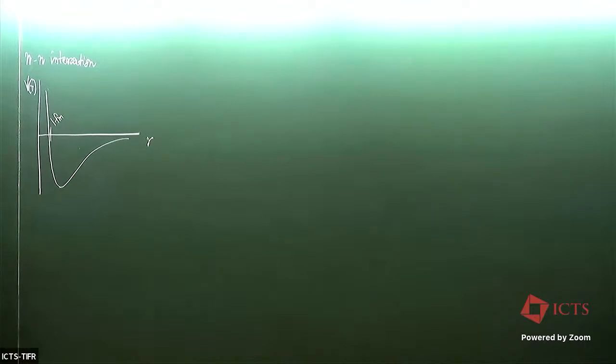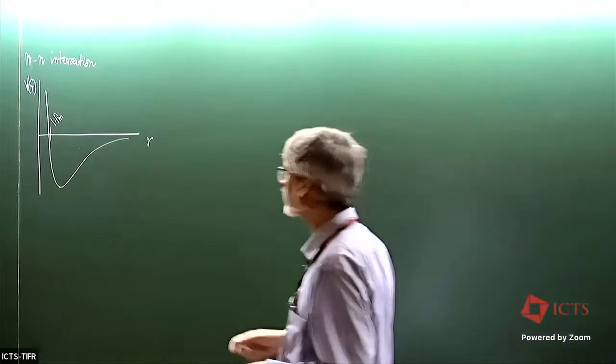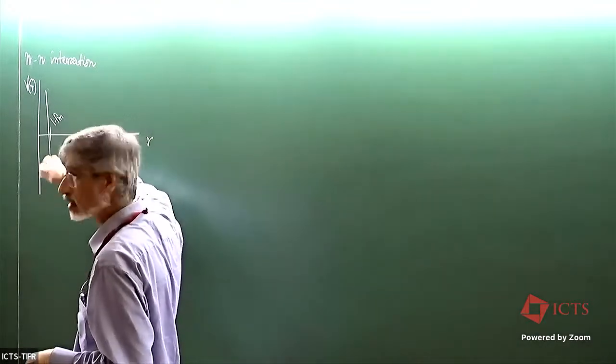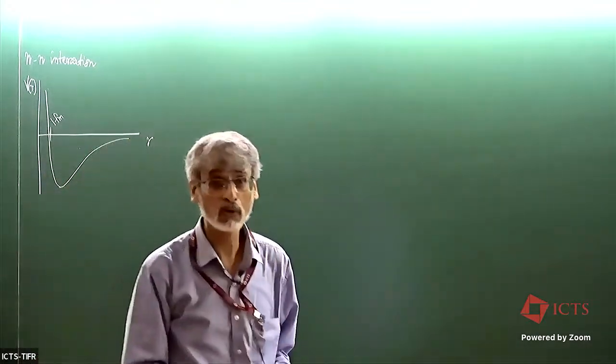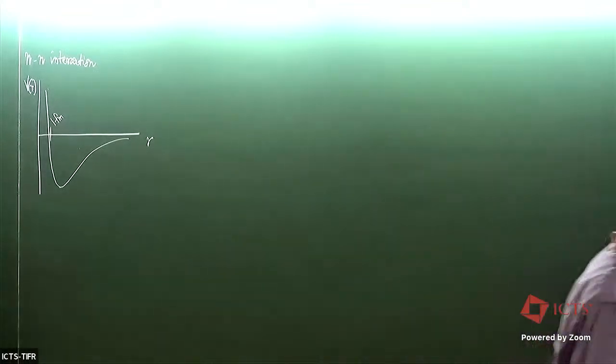Based on those few constraints, you then try to extrapolate the known nature of the force to regions which are not yet explored. And obviously, any such extrapolation is model dependent.